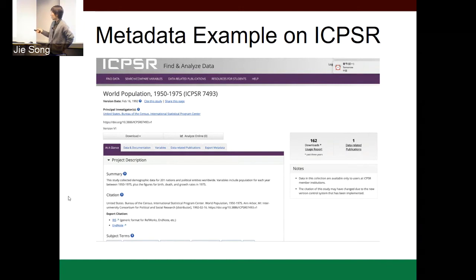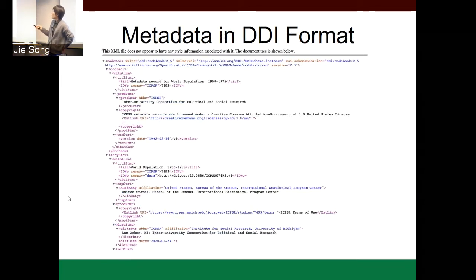And the metadata can be exported in some standard format. This is the metadata of the previous data set in DDI format. As I said, it's in XML format. It starts with a tag called codebook. This is DDI's name for the metadata documentation.